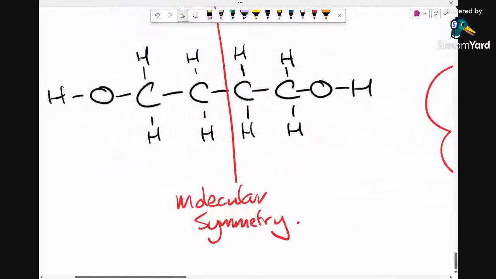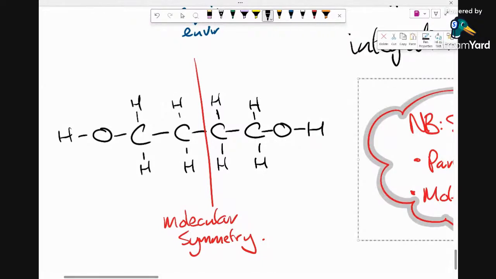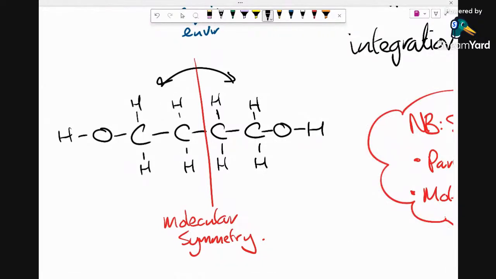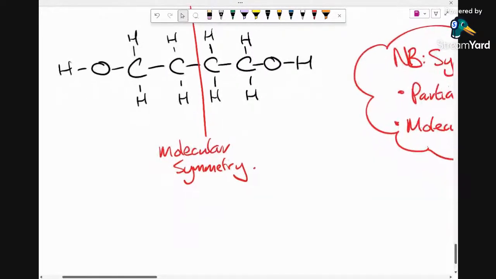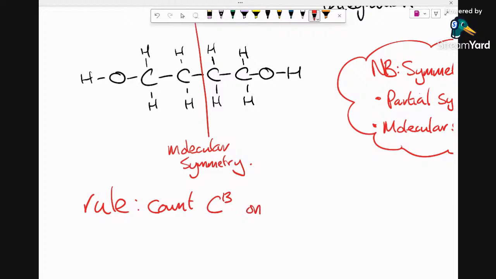Okay, so in this case, because they've got a symmetry line, what you can now do is count one side of the symmetry line. Because if they're symmetrical, the 2 are the same, they're equivalent. So here's the rule. Find your symmetry lines and then count on or over the line. Rule: count carbons on or over the line, one side.